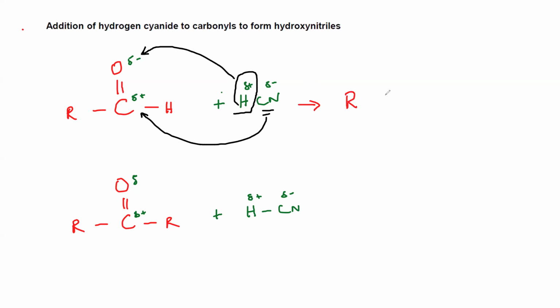So it will be carbon chain C, OH will be there, CN will be there, and H. Now the double bond will turn into a single bond with oxygen, hydrogen is attached, and with carbon, CN is attached, and then the carbon chain. So whenever we have one product from two or more reactants, we call that an addition reaction. And this addition is known as a nucleophilic addition reaction.